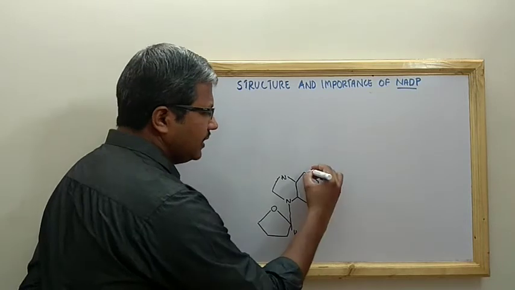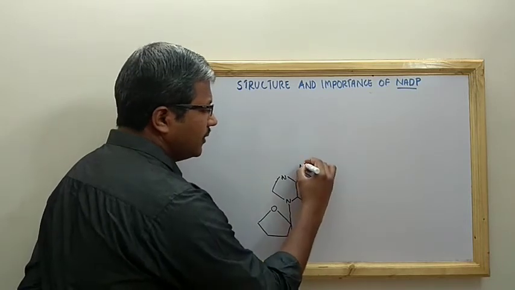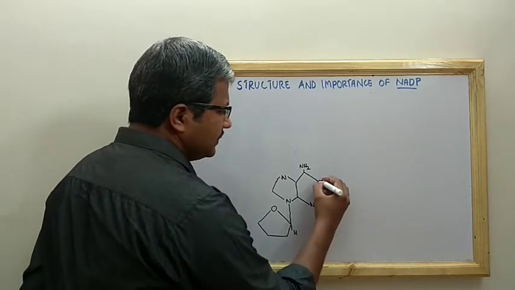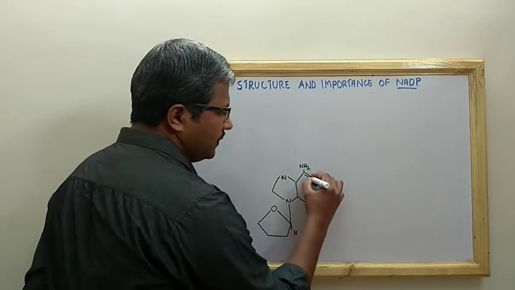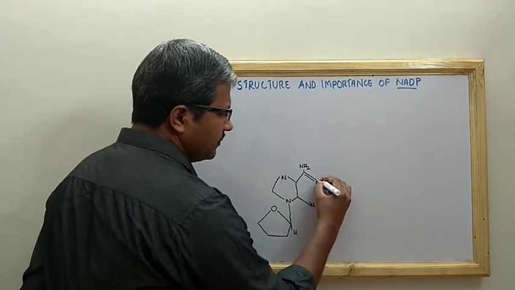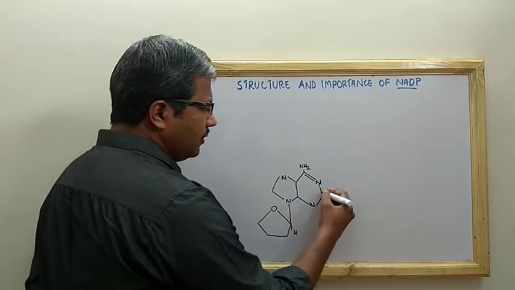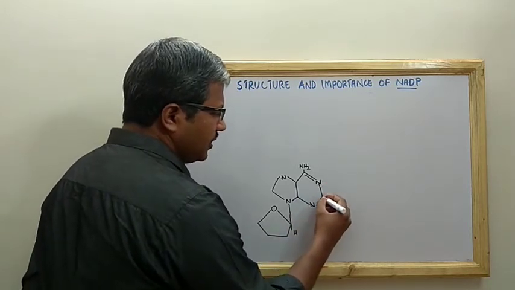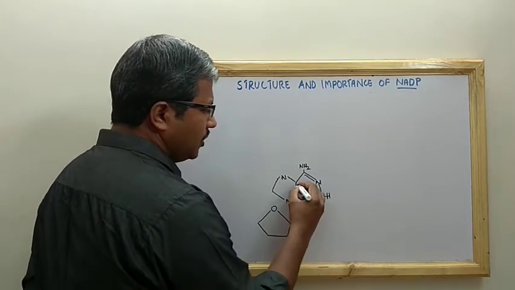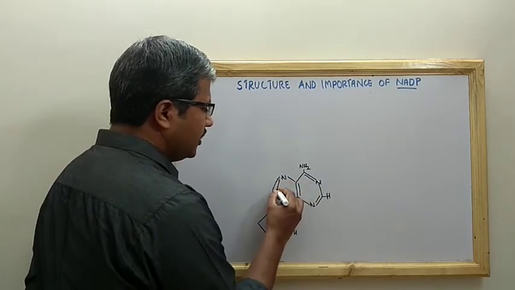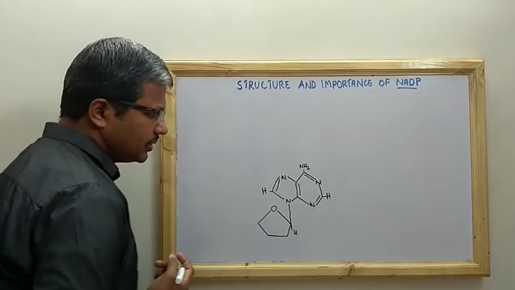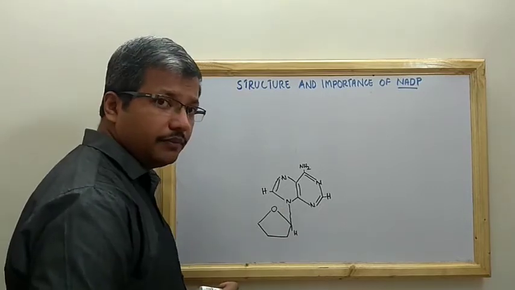In adenine, we can see the amino group here. This is a double bond, so here we can see the nitrogen. After that you can find hydrogen here and a double bond here, one more double bond here, double bond here, and H here. So this is the structure of adenine.